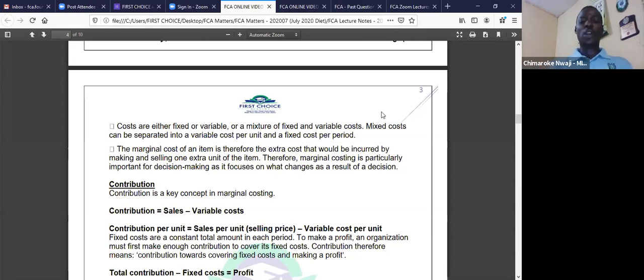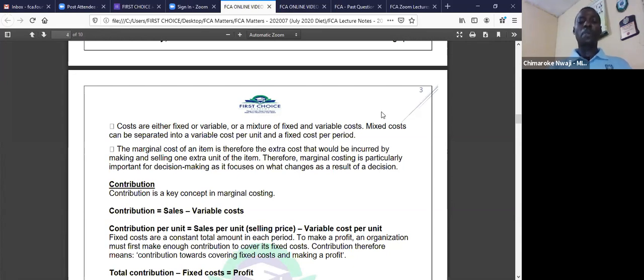Fixed costs are a constant total amount in each period. We said that before. So to make a profit, an organization must first make enough contribution to cover its fixed cost. So what do we mean? Fixed cost is fixed in total terms.